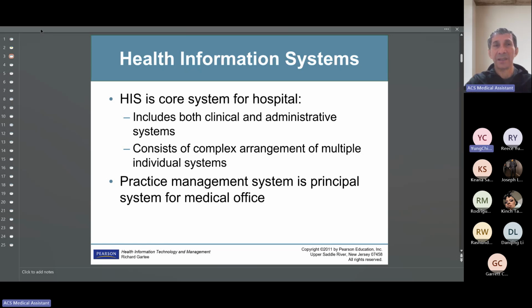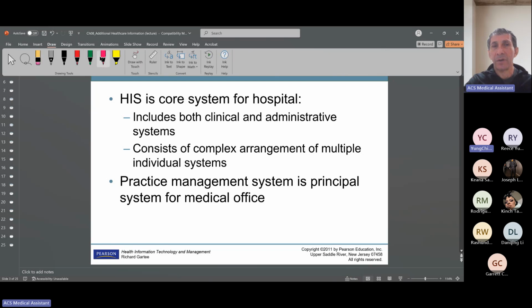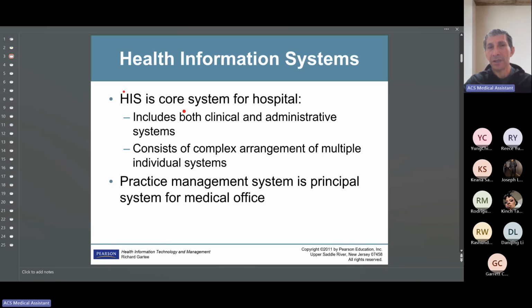Once again, what is an acronym? An acronym is when we use the first letter of each word. See? H, health. I, information. And S is the system. Now, an abbreviation is a shortened part of a word.